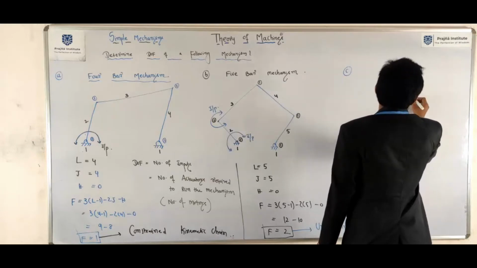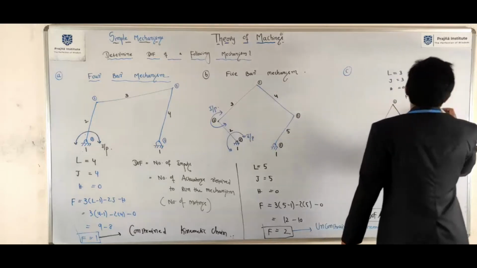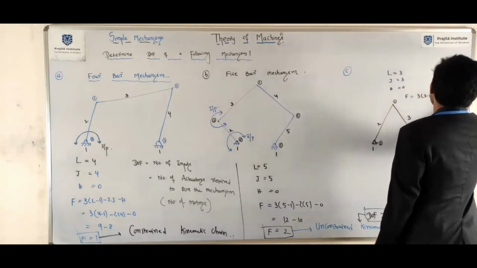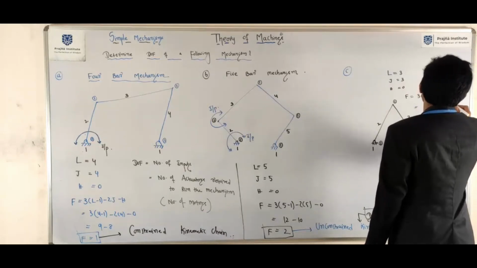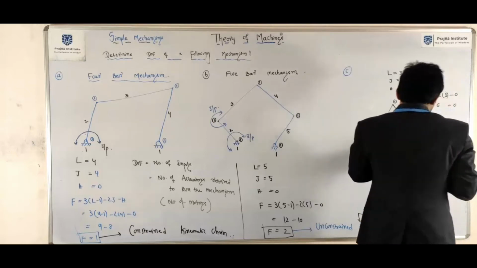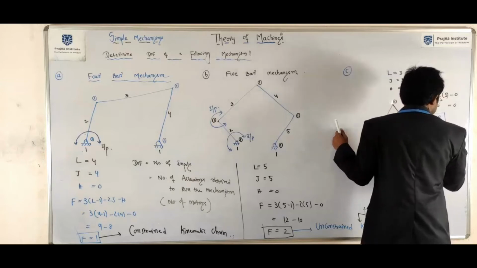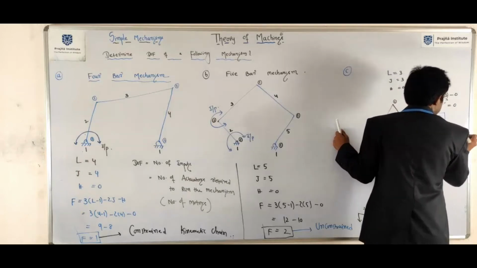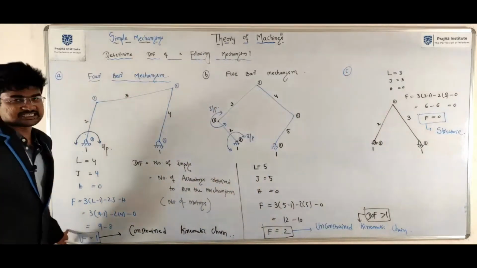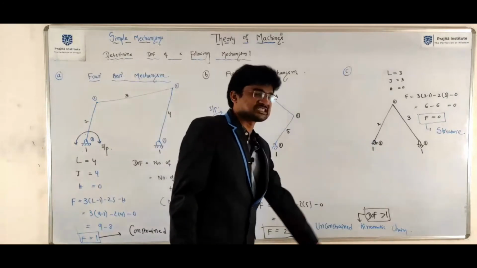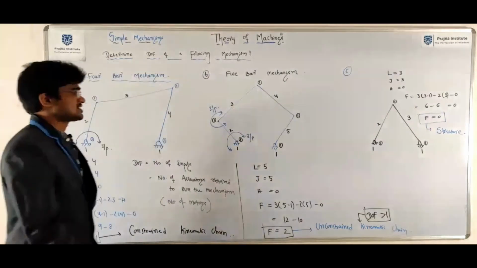F is equal to 3 into (3 minus 1) minus 2 into 3 minus 0. So 6 minus 6 equals 0. F equals 0, you can call it a structure. Degree of freedom 1 is a constrained kinematic chain, greater than 1 is unconstrained, and degree of freedom 0 is a structure.